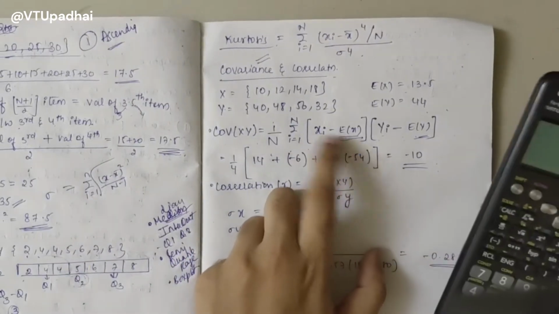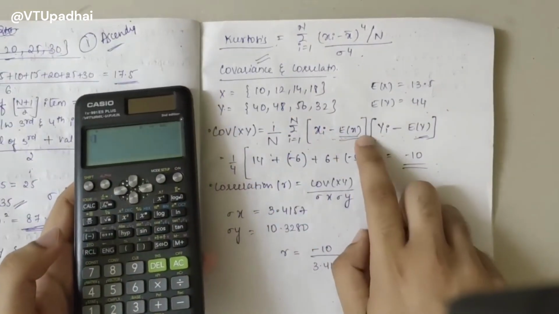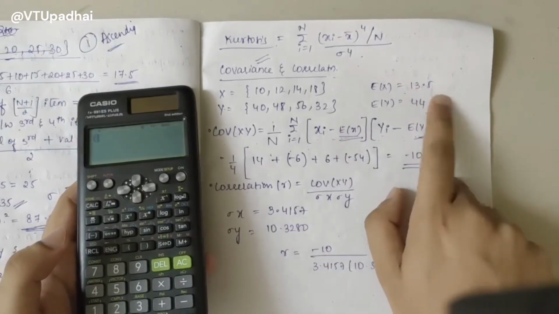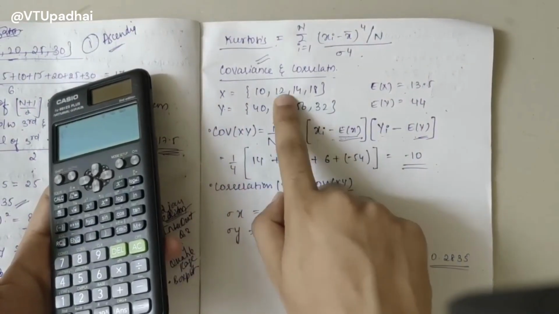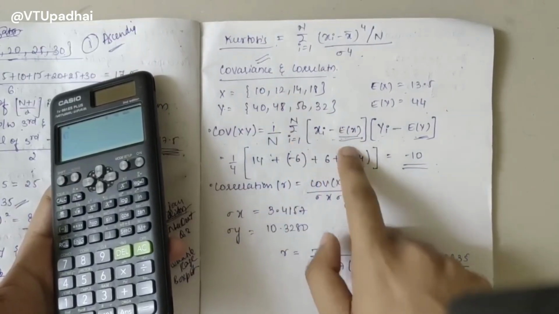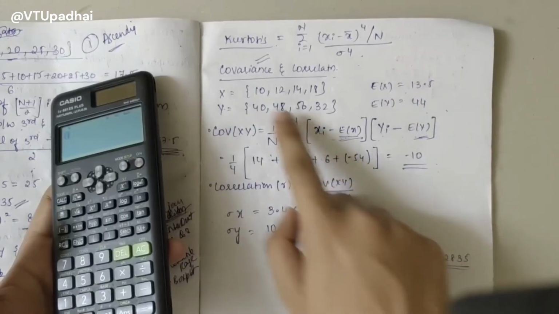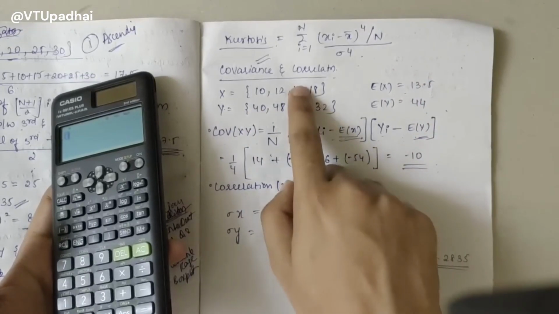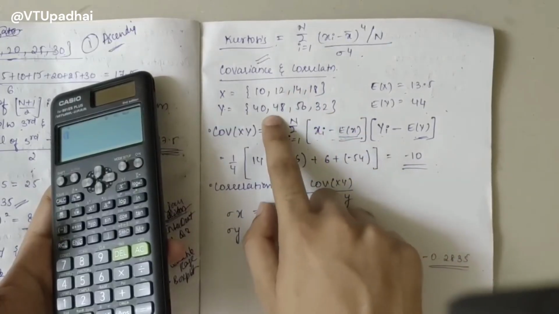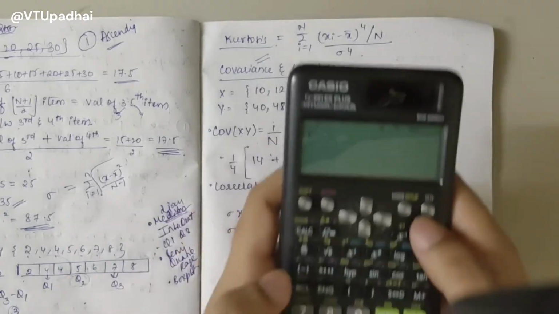So write the standard equation, that is xi minus E of x. E of x is constant, that is 13.5, whereas the xi value would vary. x1 would be 10, x2 would be 12, x3 would be 14 and x4 would be 18. Similarly, 10 minus 13.5 into 40 minus 44, plus again 12 minus 13.5 into 48 minus 44, it will continue till n reaches 4.